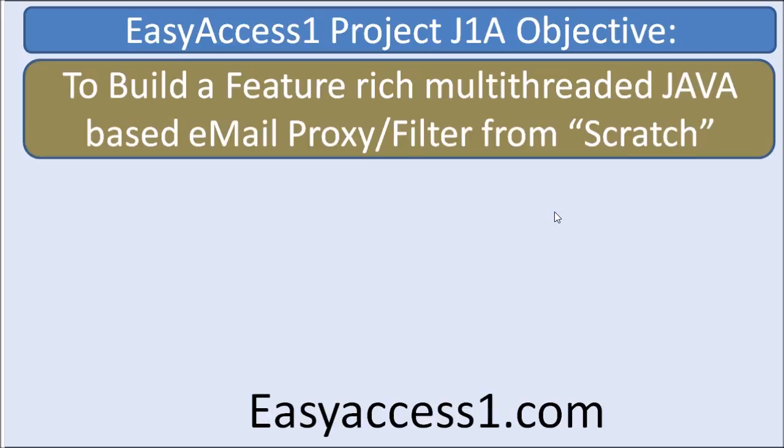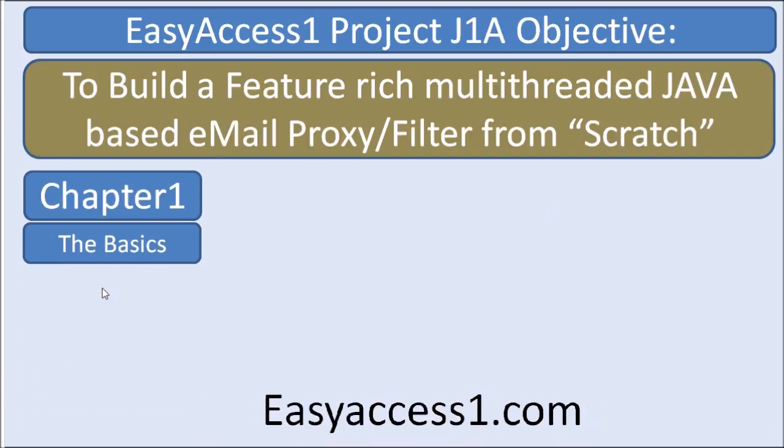Other than that, this is going to be bare-knuckled, straight up, hardcore. This is not the hello world. This is going to be a complex, multi-threaded, object-oriented, hierarchical composition. Let's get started. Chapter 1.